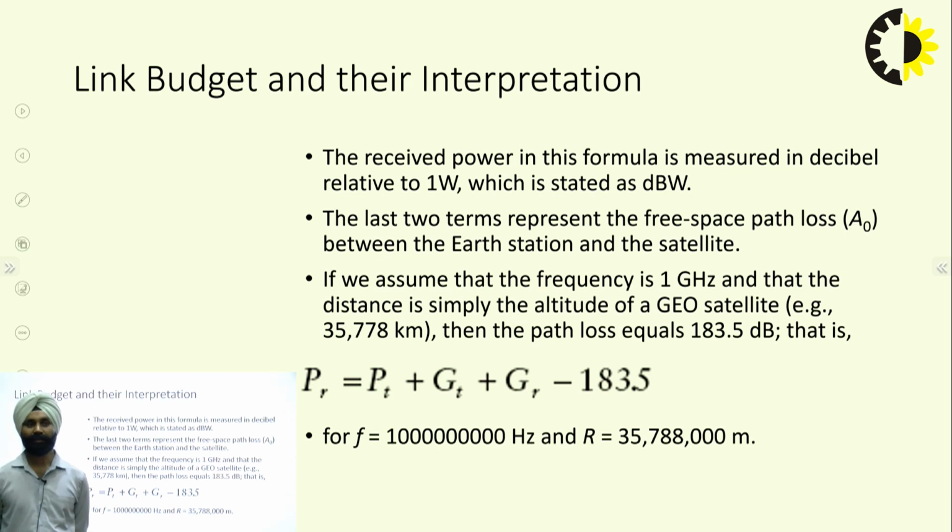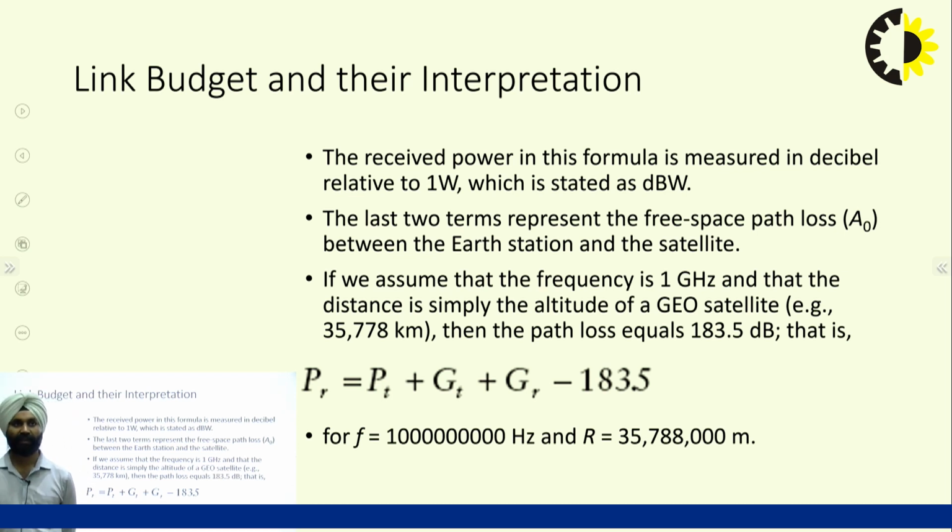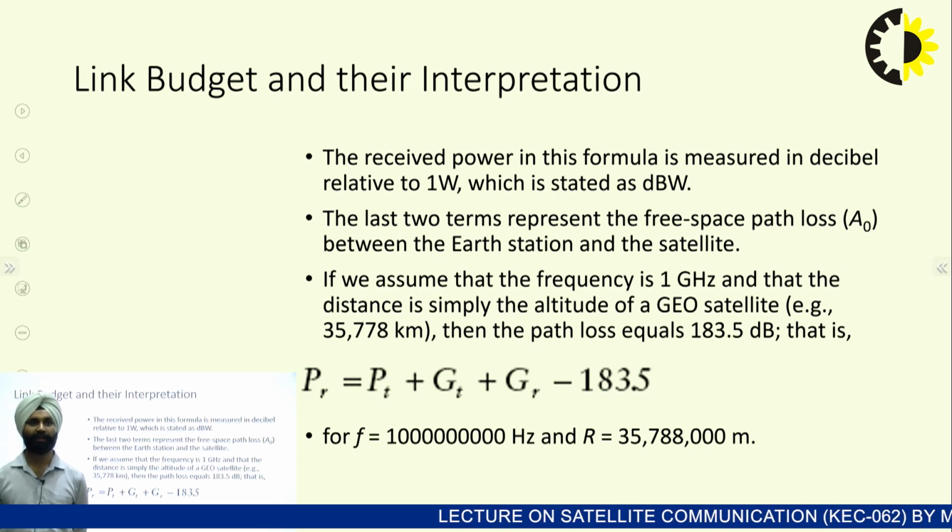Then the received power in this formula is measured in decibels relative to 1 watt, which is stated as dBW. The last two terms represent the free space loss between the Earth station and the satellite.